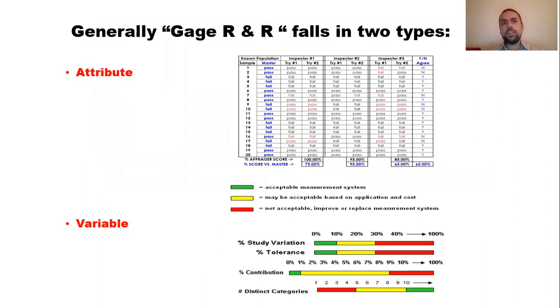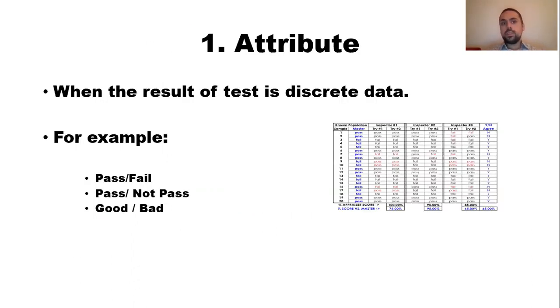Generally, in Gage R and R, we have two types of data. The first one is attribute. The second one is variable. What about the attribute? When a result is pass, not pass, pass, fail, good or bad, and there are no other options, it's discrete data and it's an attribute.